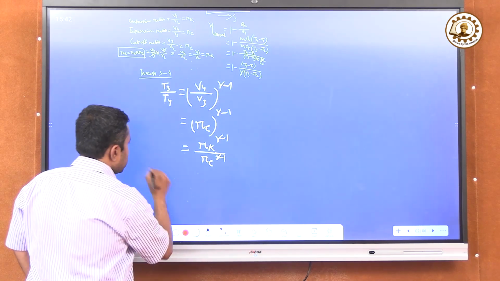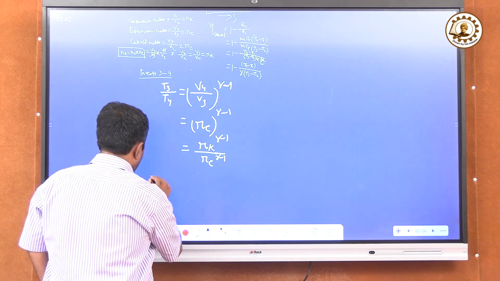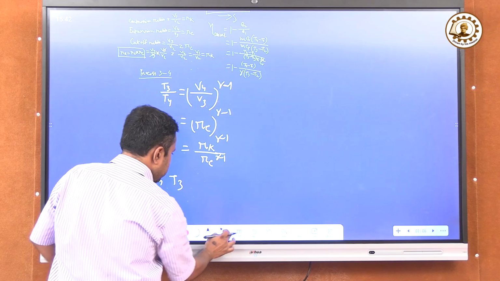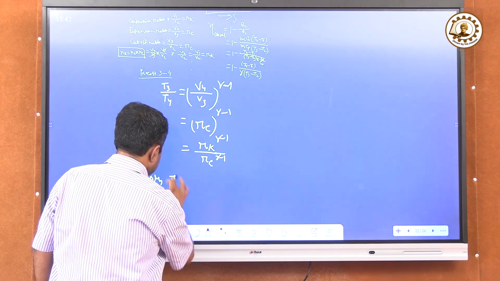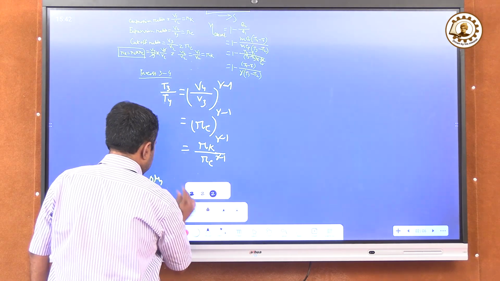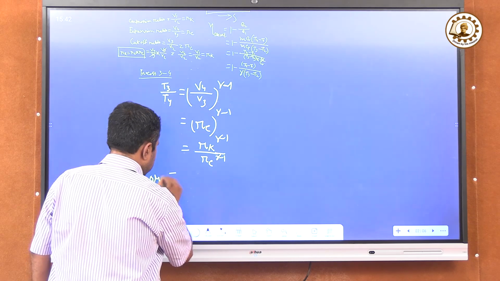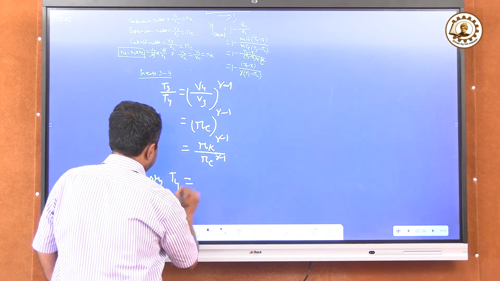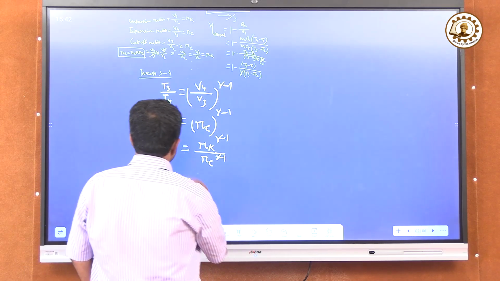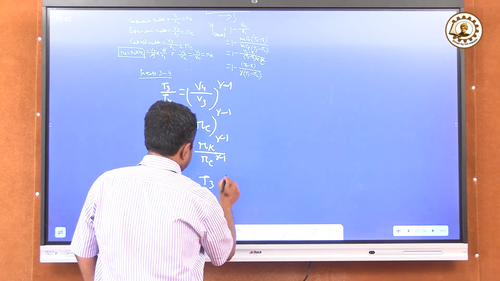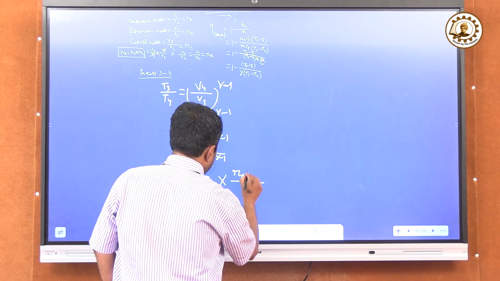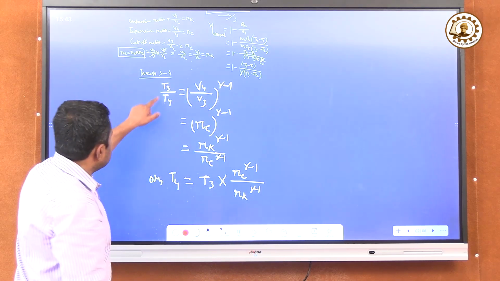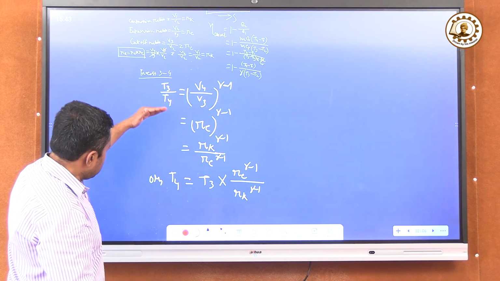Now, we can write T4, sorry, yes, T4 must be T3 into Rc to the power gamma minus 1 by Rk to the power gamma minus 1, because T4 is on the lower side.